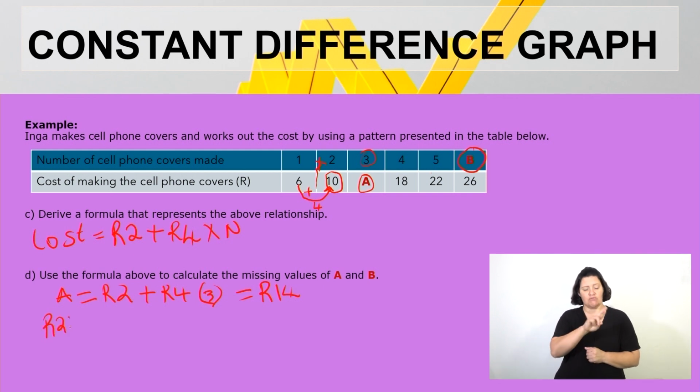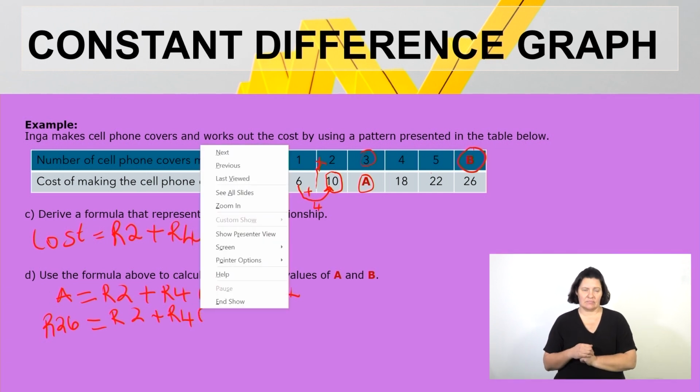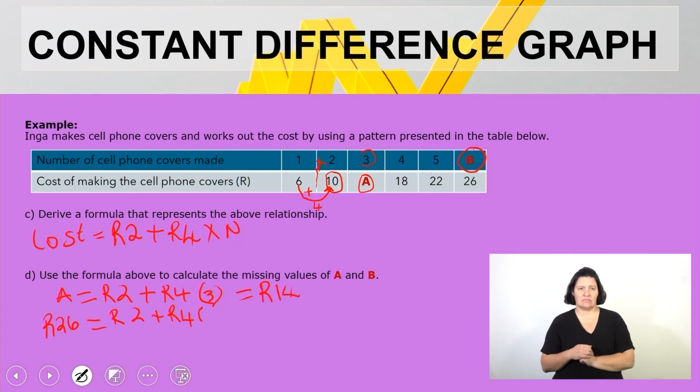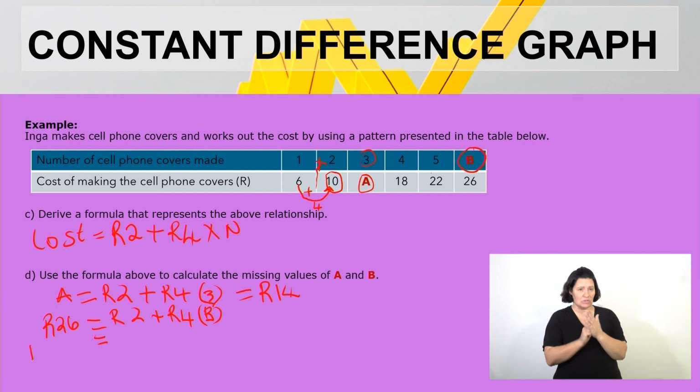Then we say 26 Rand is equal to 2 Rand plus 4 Rand times N, and our N is now represented by B, which is what we are looking for. Then we need to make B the subject of the formula. So we say 26 Rand is equal to the 2 Rand, we're going to transpose it, and when we transpose it, it changes its sign.